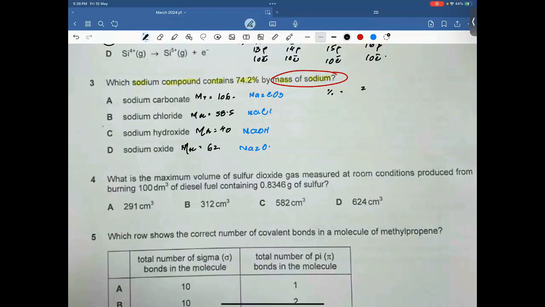The AR of sodium is 23. We have 2 atoms in the formula, so 23 times 2 divided by the MR, which is 106, times 100. So it's going to be 43.3%.